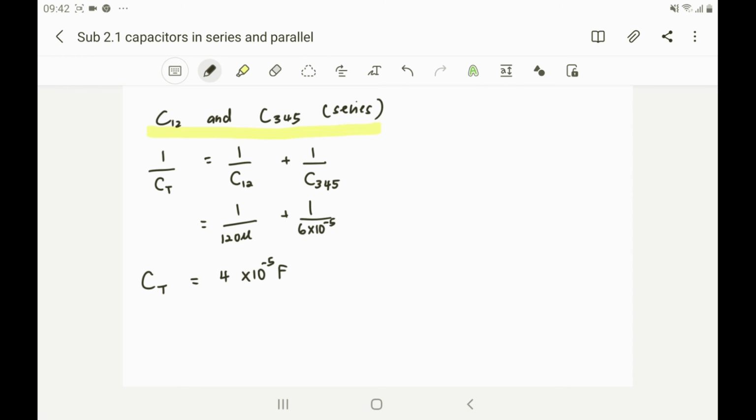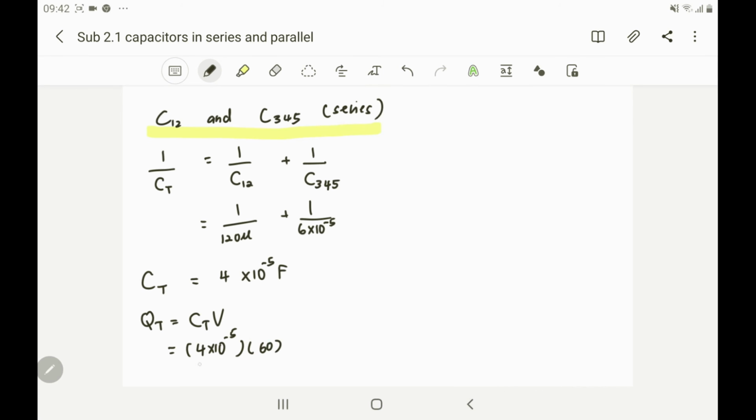So now with C total, I want to calculate the total charge. The total charge QT is equal to CTV, C total 4 exponent negative 5, and V, the question gives 60 volts.